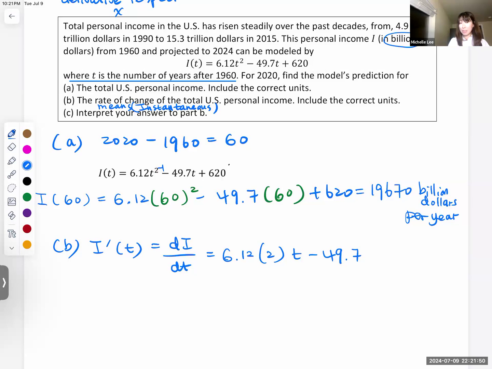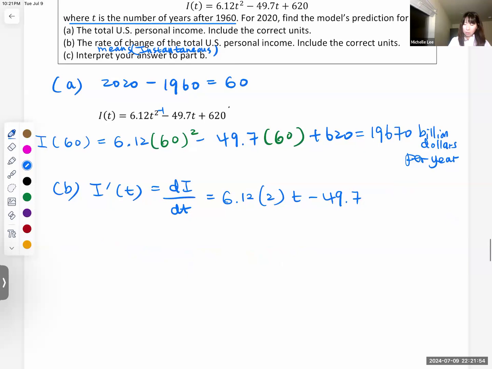And then the last term is 0 if we take the derivative, right? That's it. Yeah, we need to simplify. Let me calculate. So it's 12.24t minus 49.7.